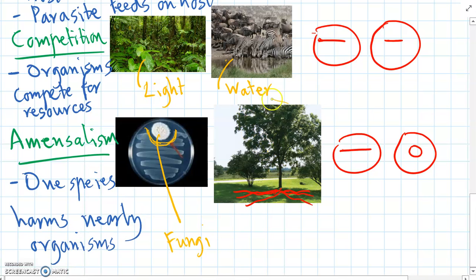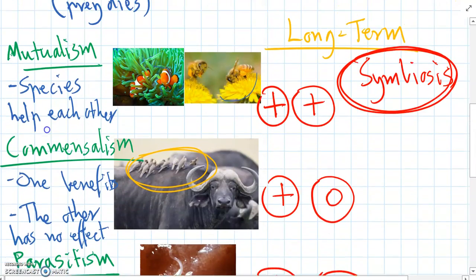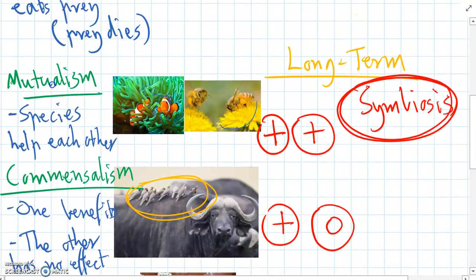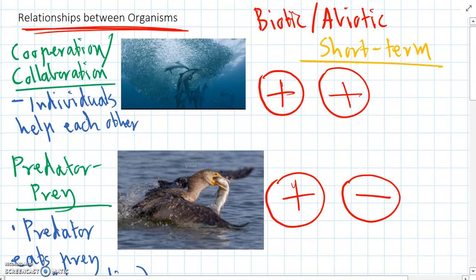So we have this large adult tree and it's slowing its neighbours. It's slowing their growth. So these are all the types of symbiosis, the long-term interactions and the short-term interactions between living things.